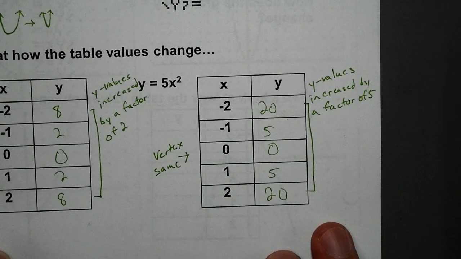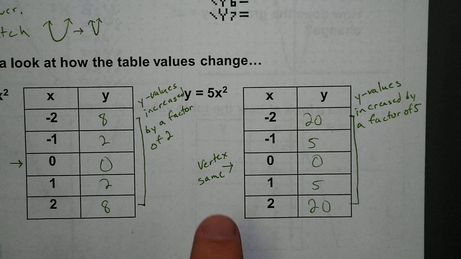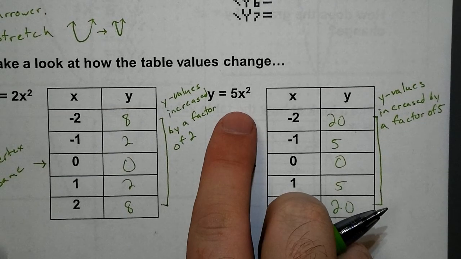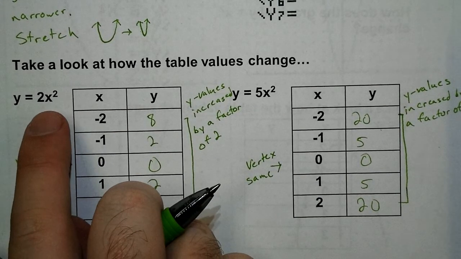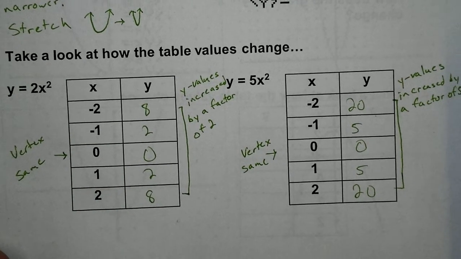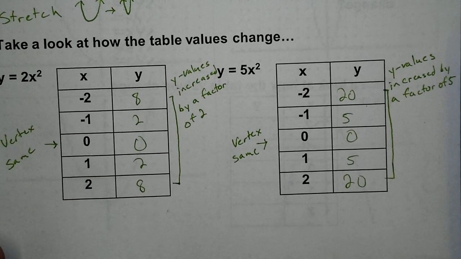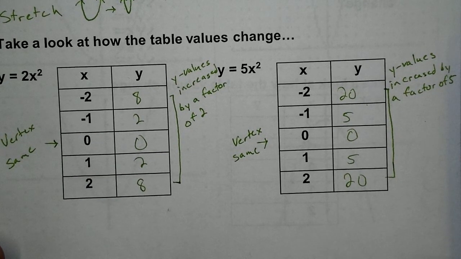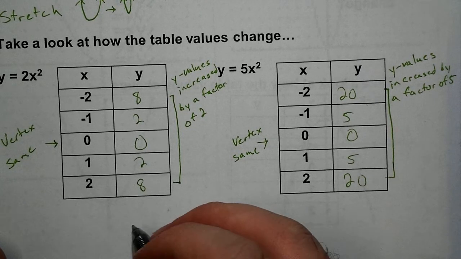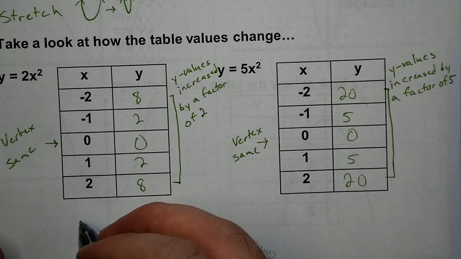So let's think of what we can say if when the coefficient is 5, it increased by a factor of 5, and when the coefficient is 2, it increased by a factor of 2. What's going to happen to our y values? Alright, so here's what you should write.